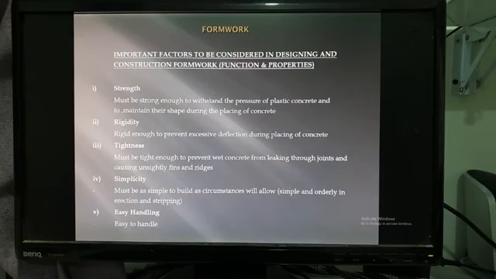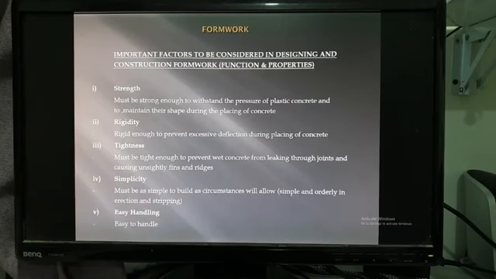So a good formwork must be able to handle this load without buckling, meaning that we do not want the formwork to change its shape when we already put in the concrete.